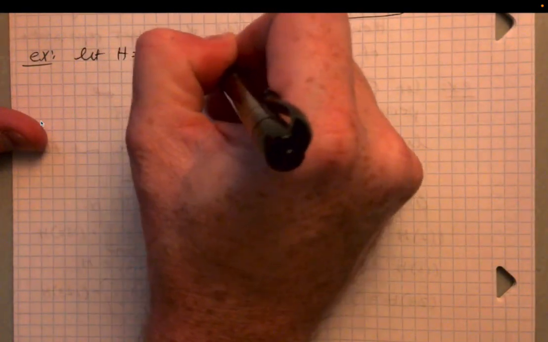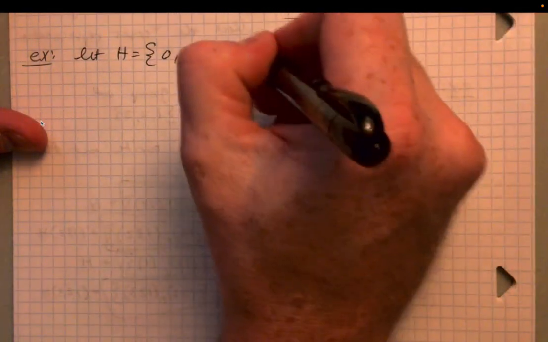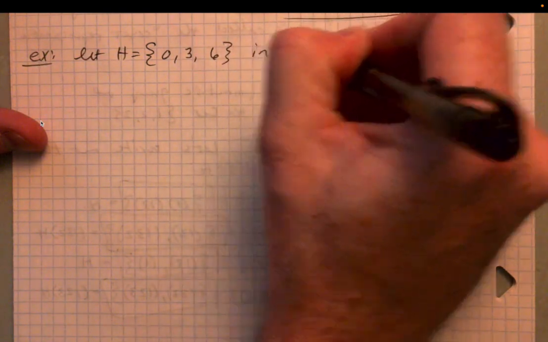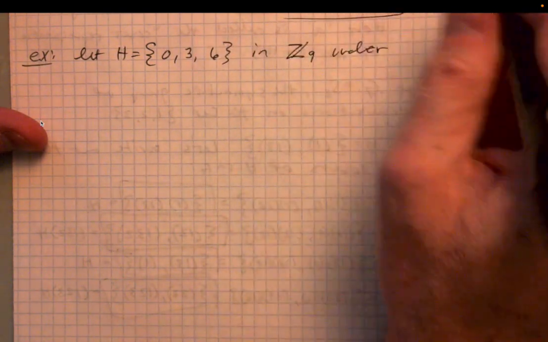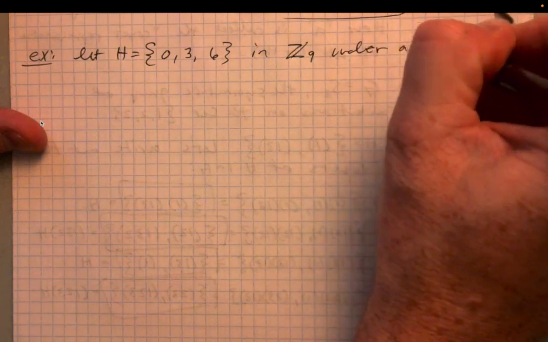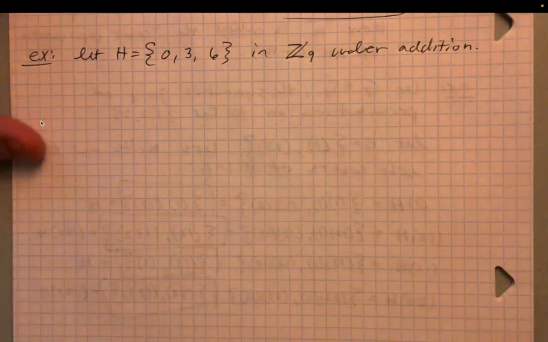Let's let H equal the subset 0, 3, and 6 in Z9 under addition. All right, so this is addition modulo 9.